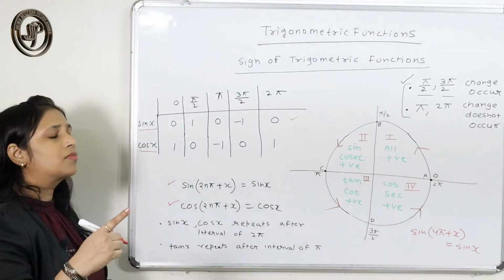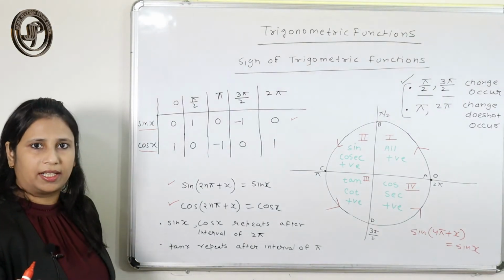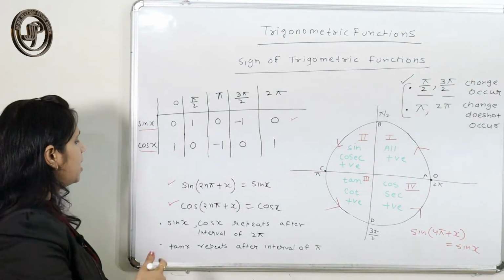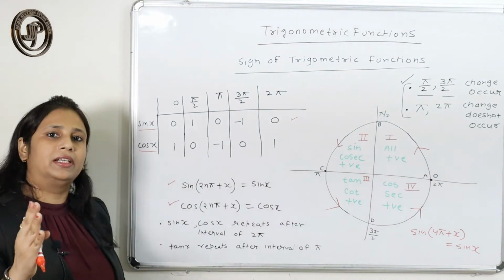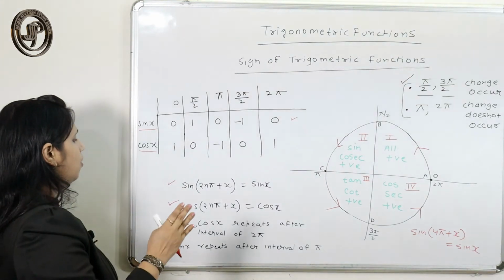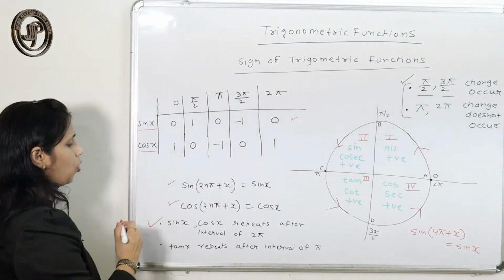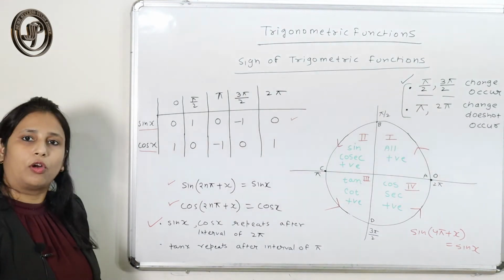Sine of 6 pi plus x, 8 pi plus x, 10 pi plus x are all sine x. So sine of 2n pi plus x is sine x. Here you can say that sine and cos repeat themselves after a fixed interval, an interval of 2 pi. So that you need to memorize: sine and cos repeat after an interval of 2 pi.